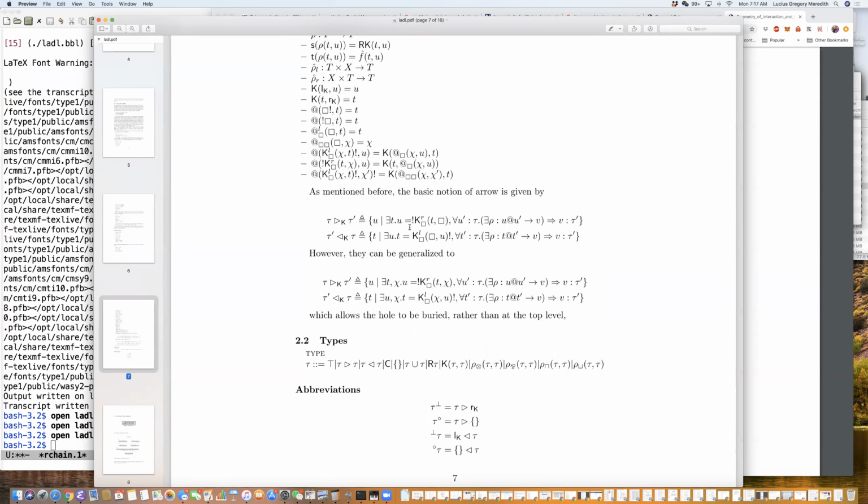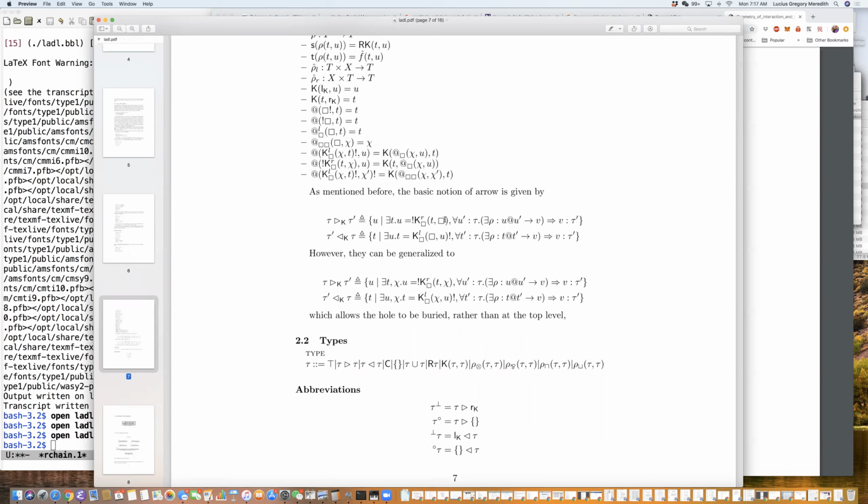What it's saying is that this is all the computations U, such that you can decompose U into an application of the red X to some hole, right? So basically, U is like a lambda, right?